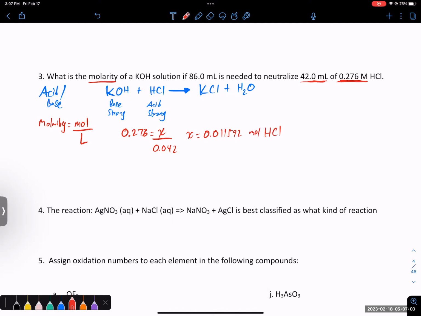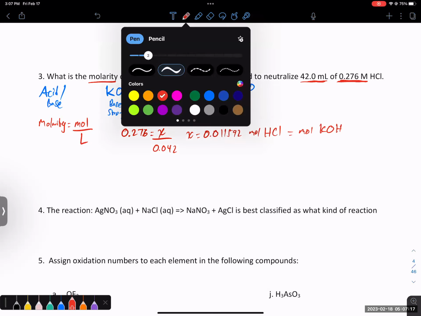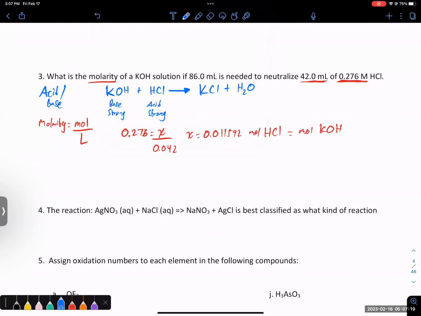And what do we know about our moles of HCl in relation to our moles of KOH for the equation? Exactly right. It's a 1-to-1 ratio. So this also equals the moles of, sorry, I said NaOH, this is KOH, potassium hydroxide. All right, so now we need to find the molarity. Well, that's good because we already have the volume.